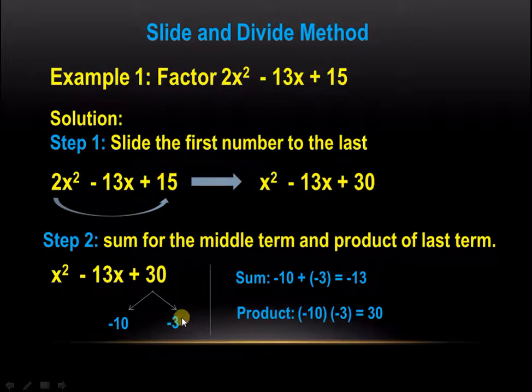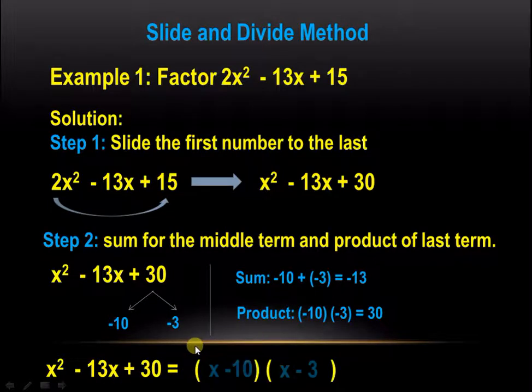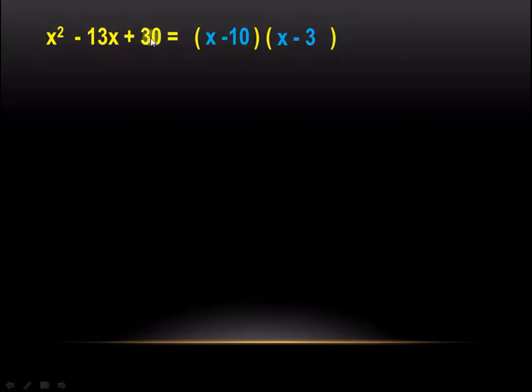So these are the numbers that we wanted to use. So far, the factors of x squared minus 13x plus 30 are x minus 10 and x minus 3. So let us continue. These are the factors so far.